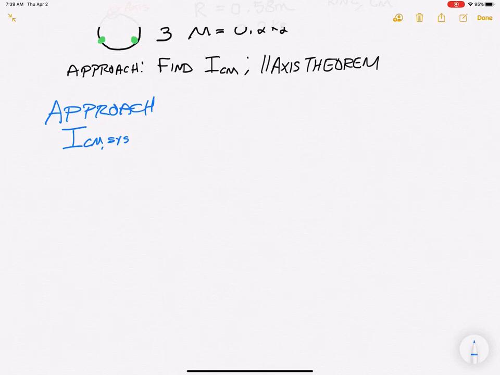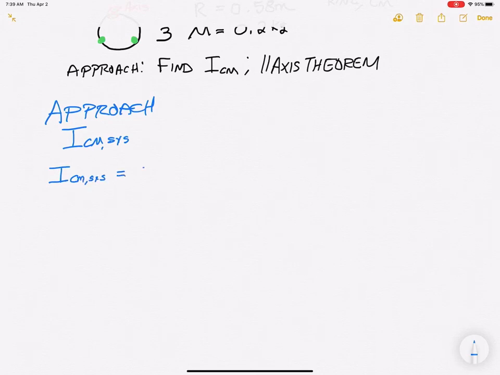So this isn't necessarily hard. As long as everything's rotating about the same axis with it, which it is, I can use I about the center of mass of the system.